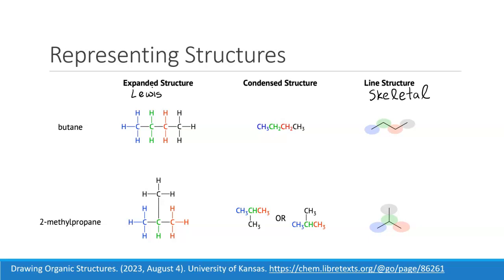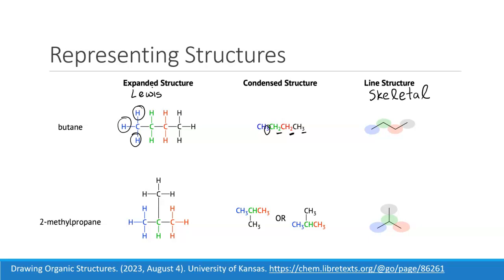So if you notice, this carbon in blue has 3 hydrogens, and therefore we want to label the carbon on the end as CH3. And then the 2 carbons in the middle, the green and the red, each have 2 hydrogens, so notice how those are CH2. And then the black carbon on the end also has 3 hydrogens, so we label that as CH3.